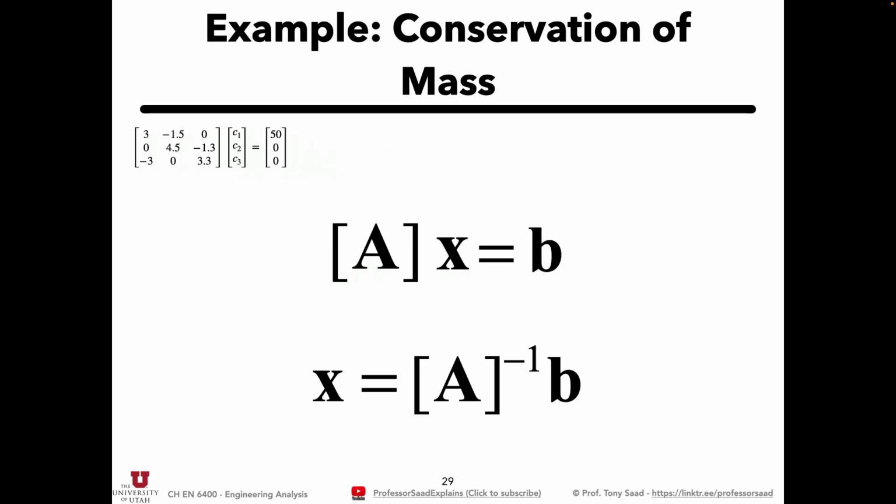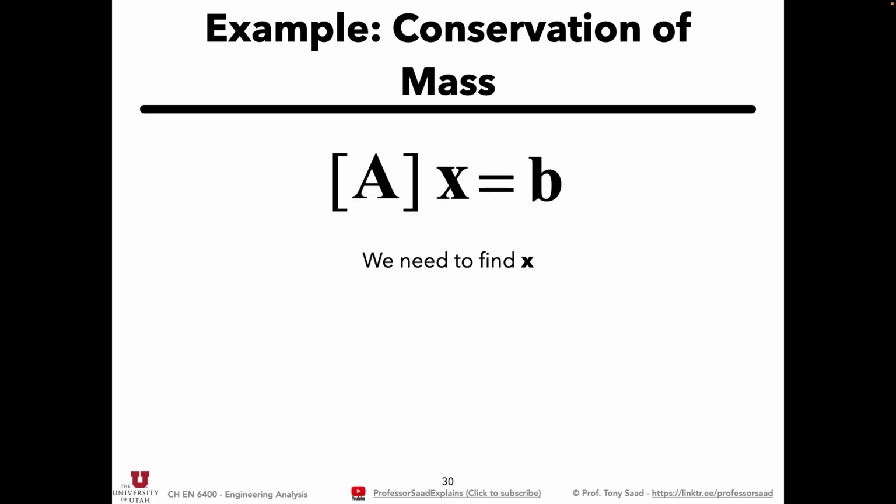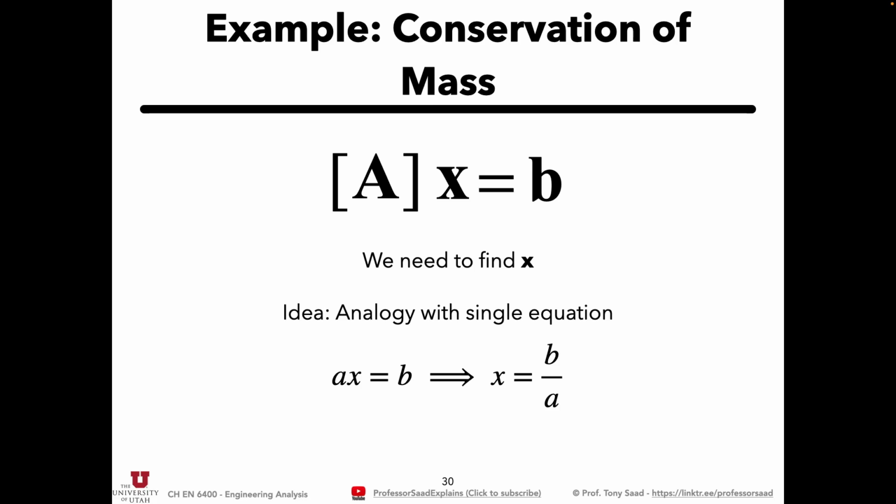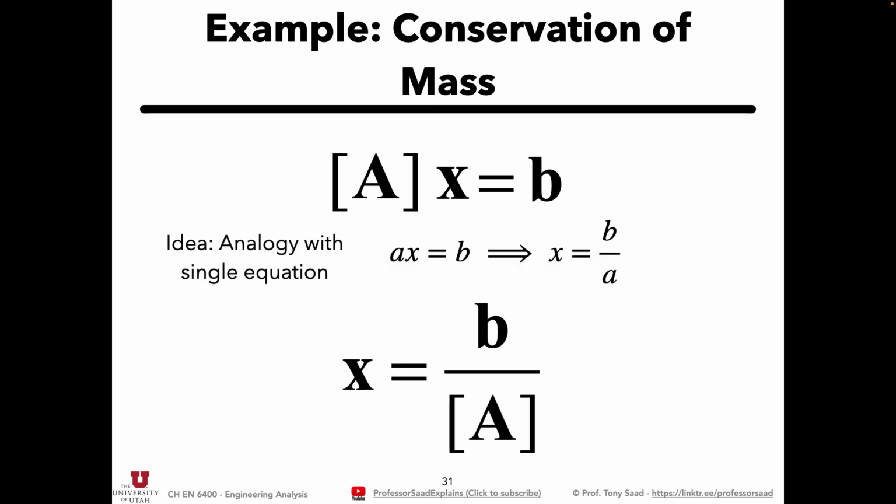Okay, now where does this A inverse come from? It's just very simple, okay? So we're looking for X, right? AX equal B. If you take the analogy with a single equation, where A is not a matrix, just a number, and B is a number, AX equal B, then you say X equal B over A, or the inverse of A times B. Okay, but in matrix world, you can't do this.